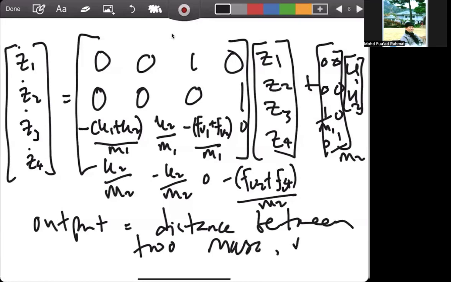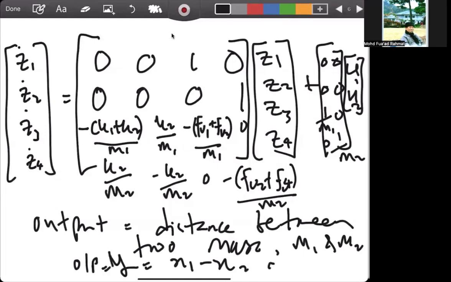So we have two masses, M1 and M2, and the distance is the output y, equal to x1 minus x2. This simply indicates the distance between M1 and M2.